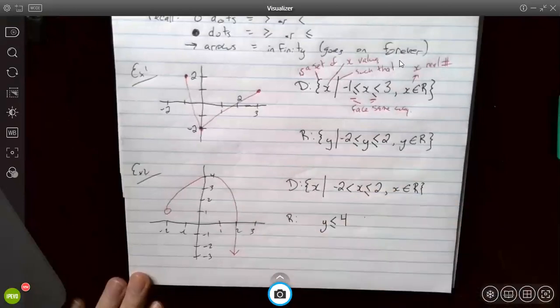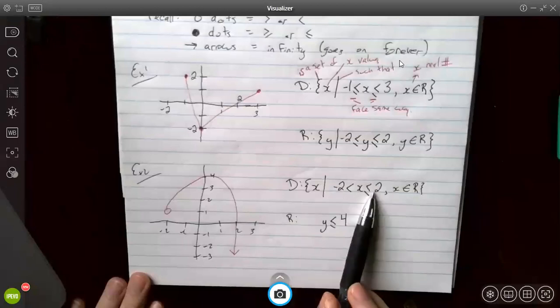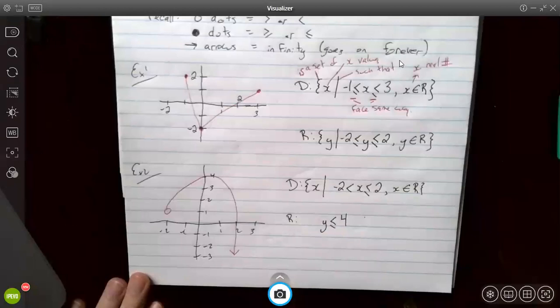Okay, so anytime you see an arrow on a graph, it means that you're not going to have 2 numbers for both your domain and range. Sometimes it might mean that you only have 1 number for both the domain and range. Sometimes you might actually have a domain or range that has no numbers if you've got enough arrows.